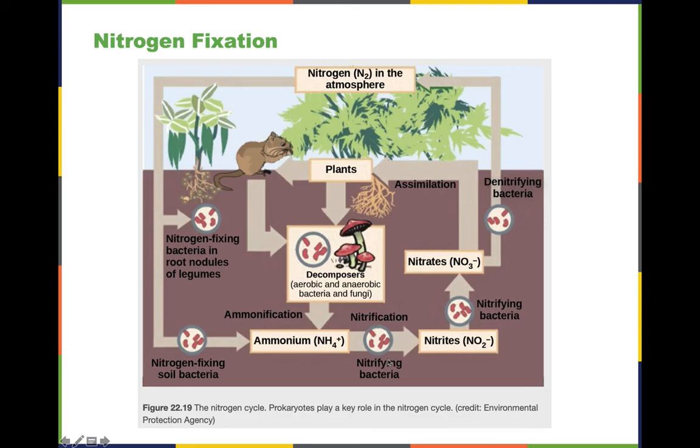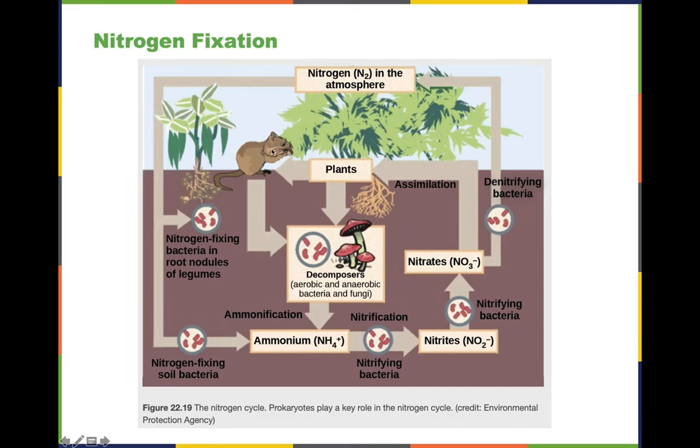Then some other bacteria turn ammonia into nitrites and then nitrates, and these nitrates are incorporated into the plants. The plants can use them to form the building blocks of their biological molecules.